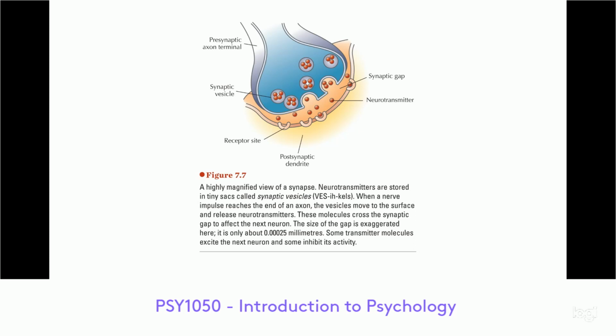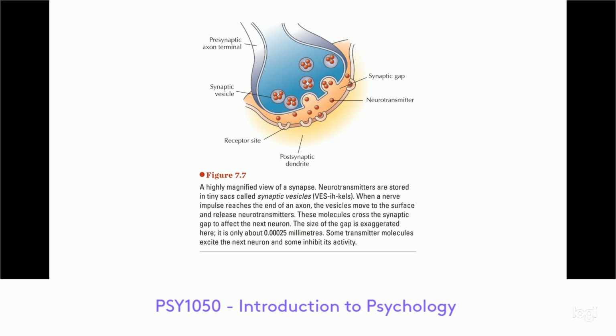As the action potential moves along, it releases these little sacs which have the neurotransmitters in them. Those sacs will then attach to the proper sites on the dendrite.